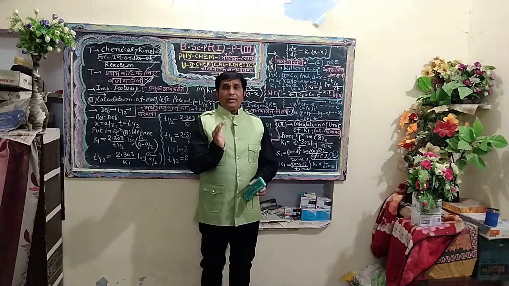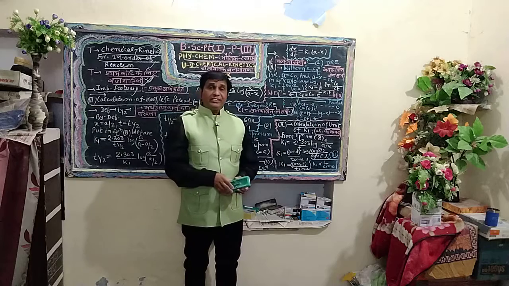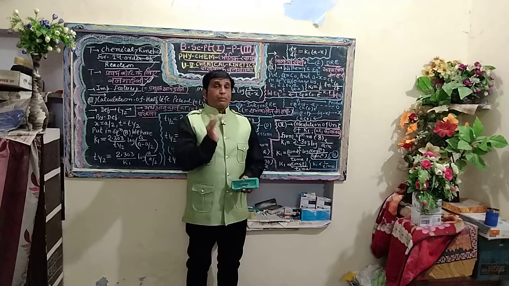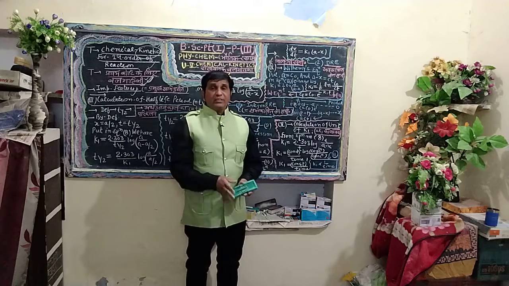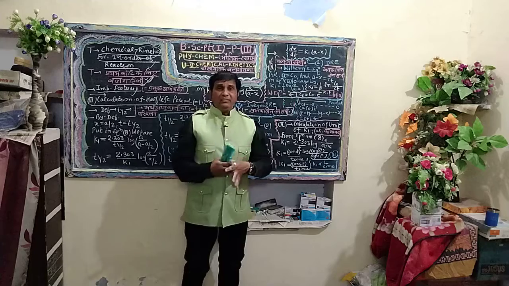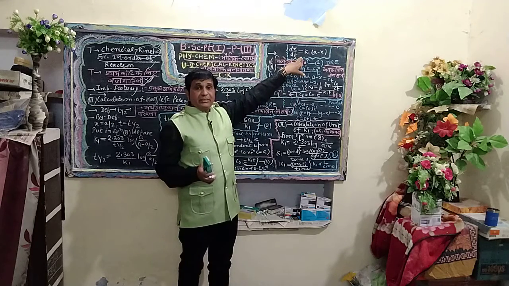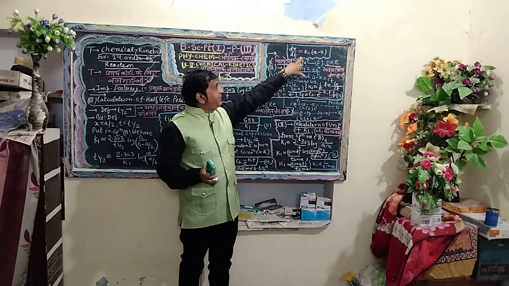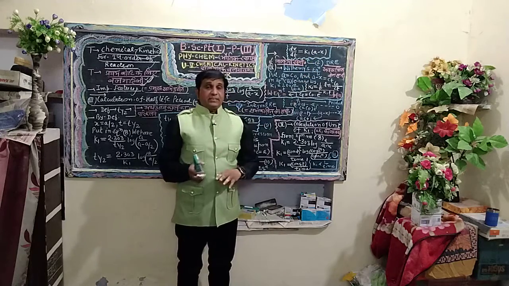So students of BSc Part 1, when we apply the law of mass action to such a first order reaction, a proportionality appears, and in order to remove the proportionality we require a constant, that is k1, very simple. On solving, we get the mathematical expression dx by dt equals k1 into a minus x.